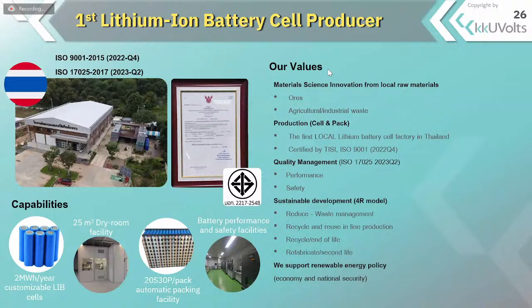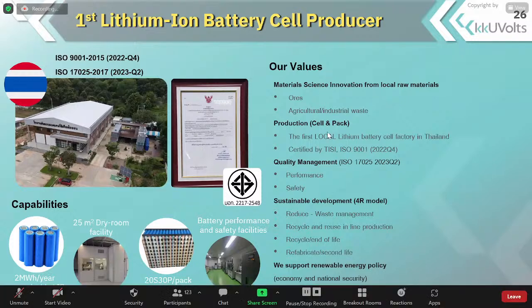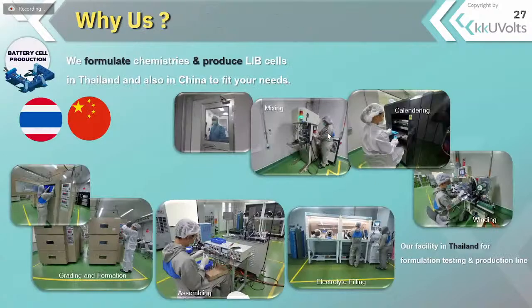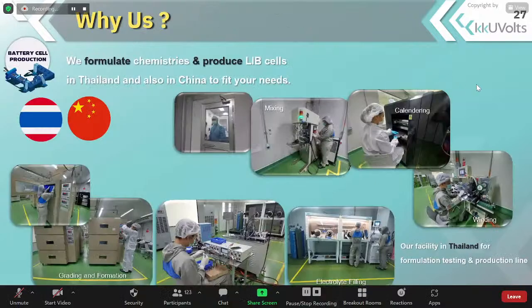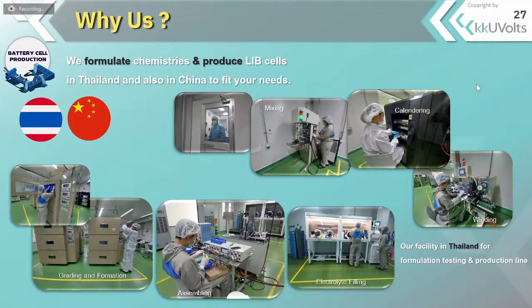Finally, our products and management are certified by local and international standards. We are able to formulate chemistry and produce lithium-ion battery cells in Thailand, and we also have a partner in China to fit your needs.